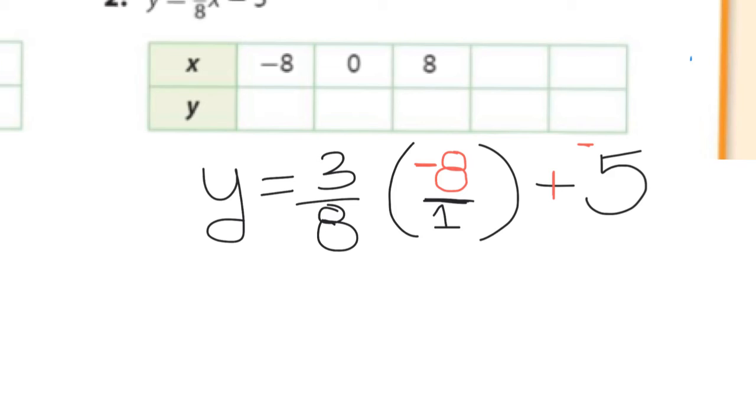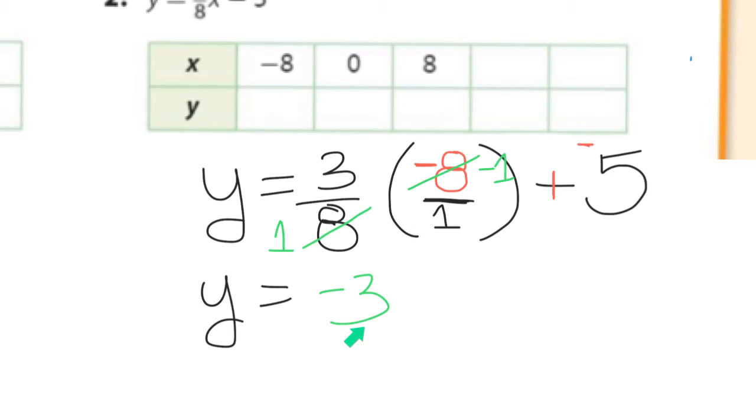So before I multiply, I'm going to reduce my fractions. I was taught this back in 6th grade and 5th grade. I'm reducing my fractions. So I can divide both the 8 and the -8 by 8. So 8 divided by 8 is 1. -8 divided by 8 is -1. So 3 times -1 is -3. 1 times 1 is 1.